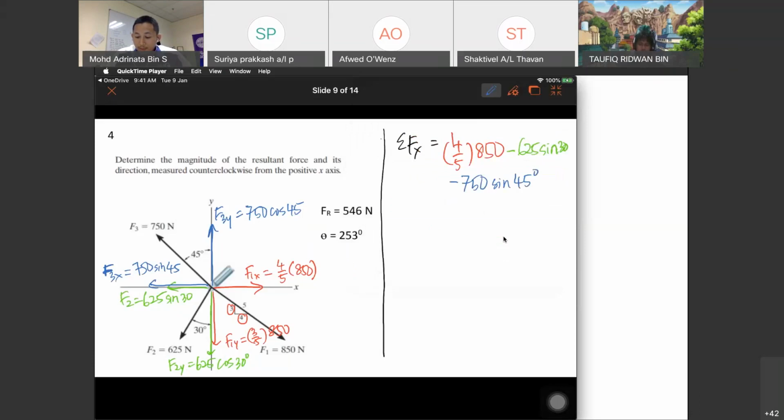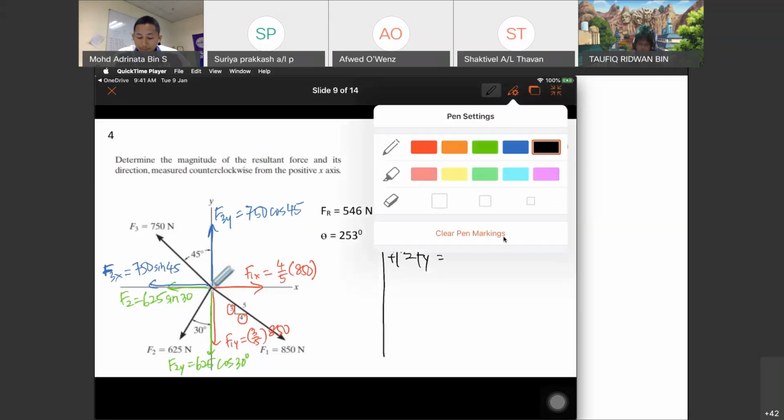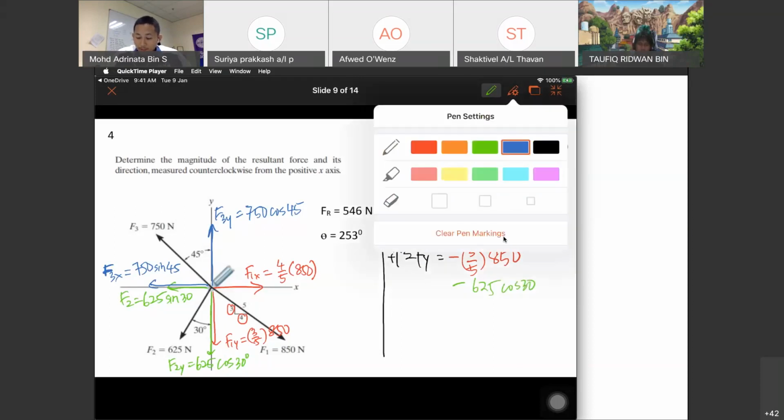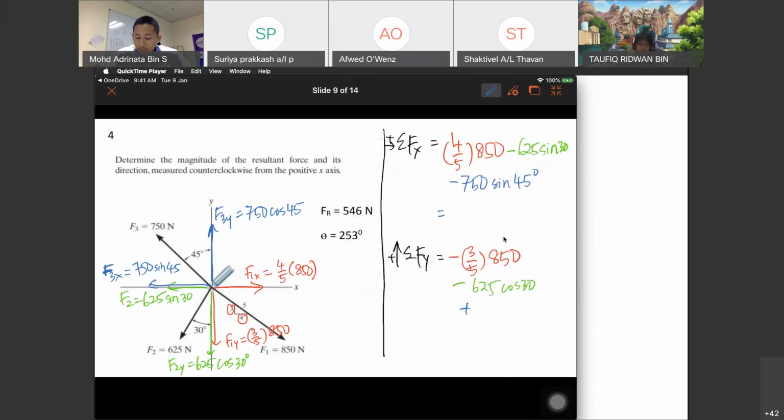So you can get the answer. For Fy, y is positive. We have negative 3 over 5 times 850, then F2, minus 625 cos 30, and then plus 750 cos 45.